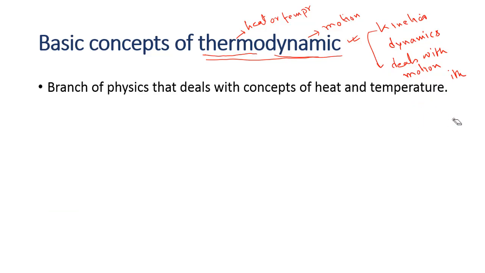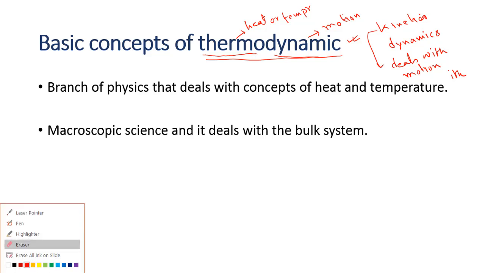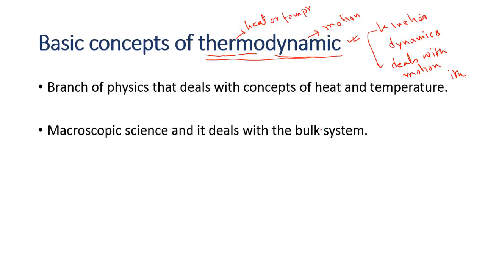Now the next point is that it is a macroscopic science, okay? It deals with bulk systems. Suppose one example: if I take a glass of water, these are the water molecules, and maybe the temperature of that water is 10 degrees centigrade.